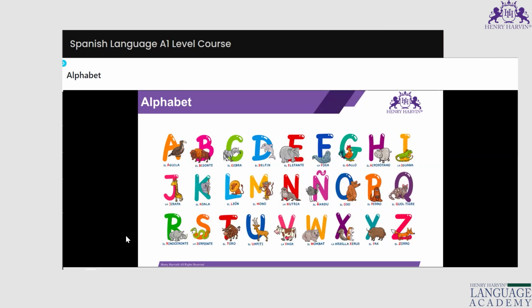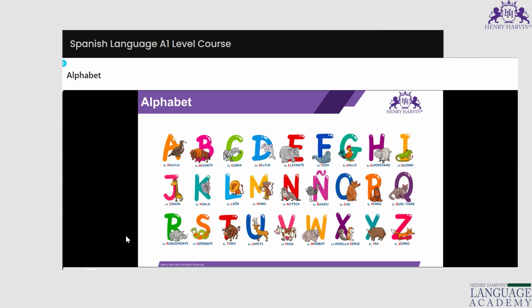So now I'm just showing you how to spell it. There is a small slanting line, the tilde, that appears only on vowels, or vocales. Los alfabetos, these are the alphabets. They have vowels, las vocales: A, E, I, O, U. These are the vowels and the others are called los consonantes.